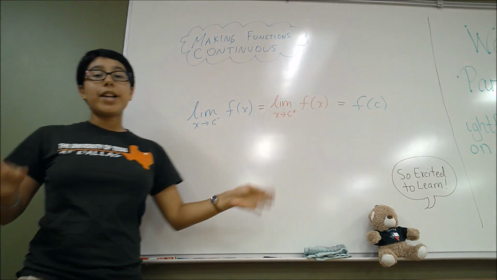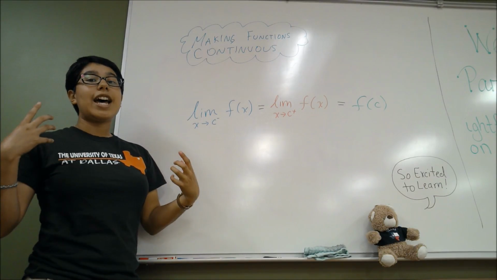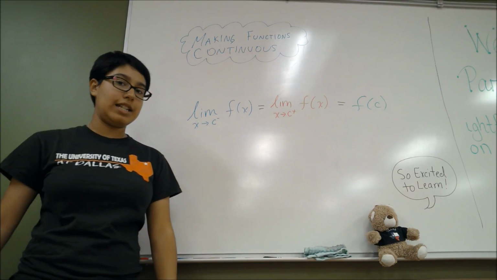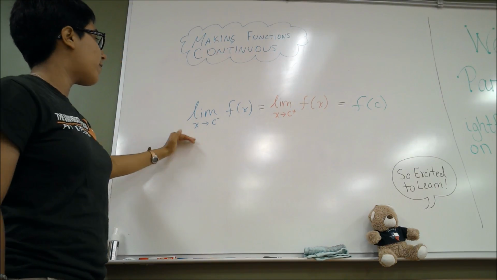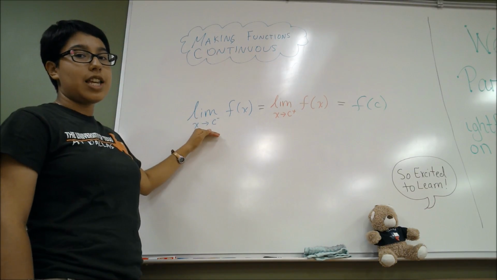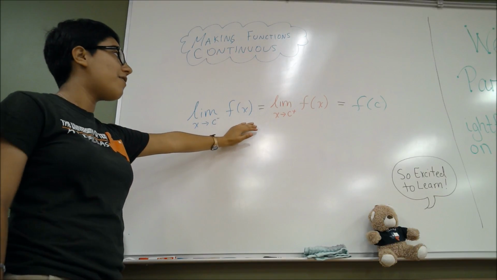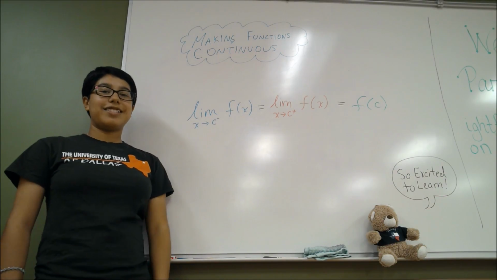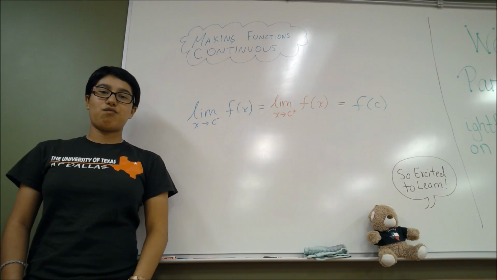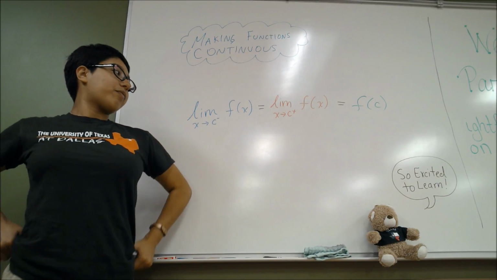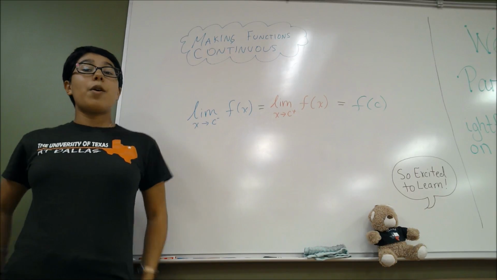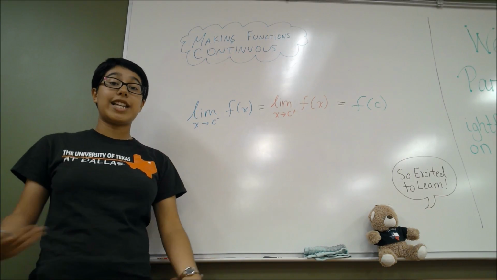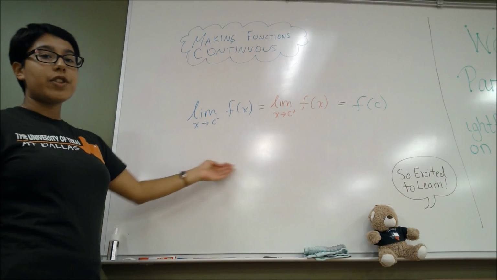Okay, a quick and surefire way of proving that a function is continuous at any given point, that point being c, is to do these three steps.